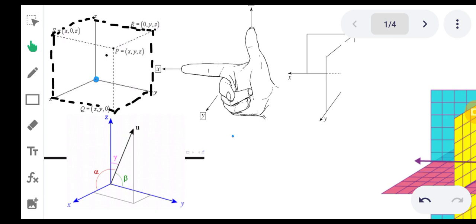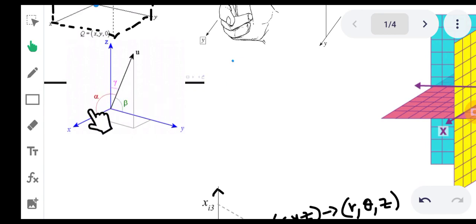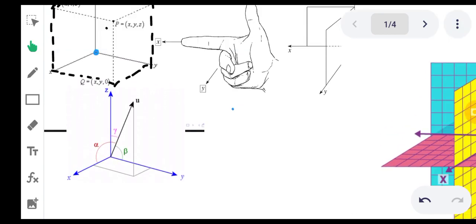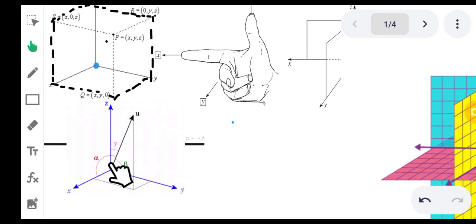I also have on my screen various types of angles that we can approach. If someone is going from this place to this place, we can approach this point from this angle perspective, from this angle perspective, or from this angle perspective.